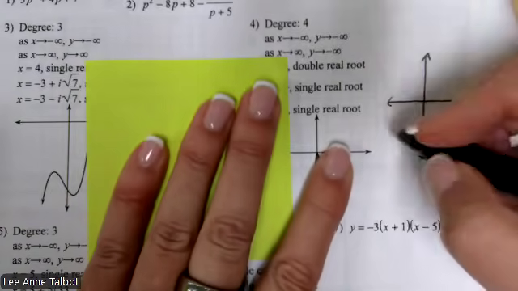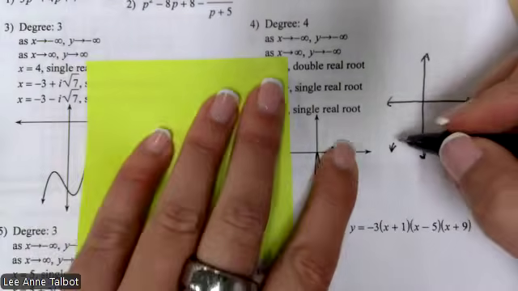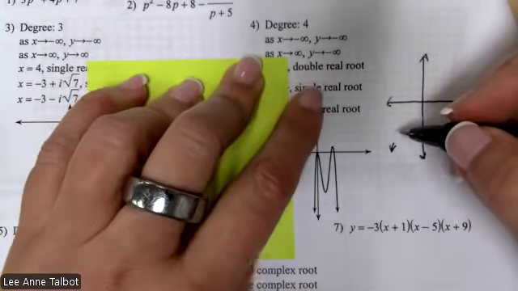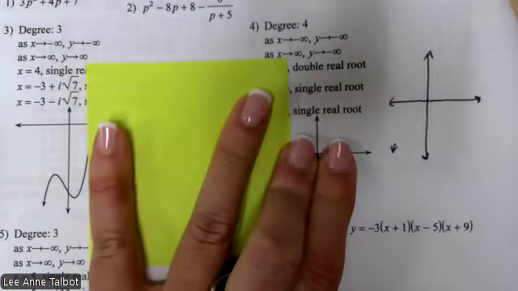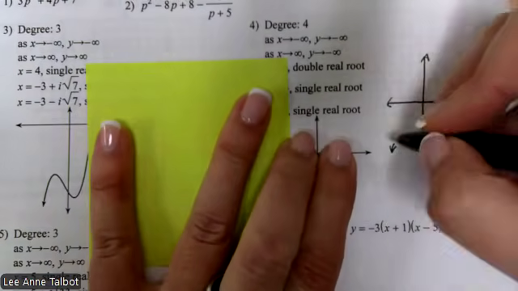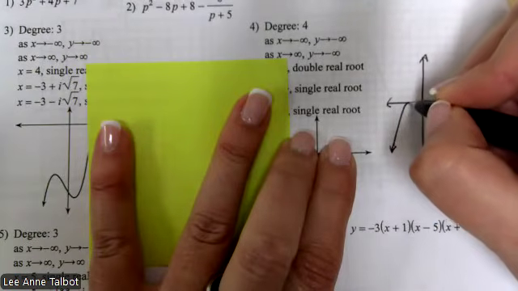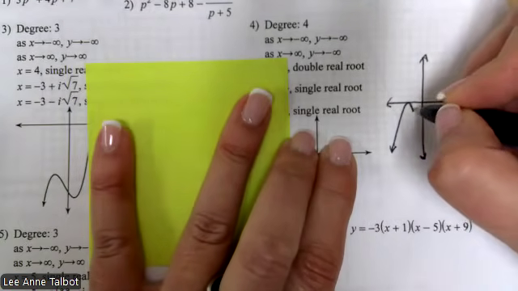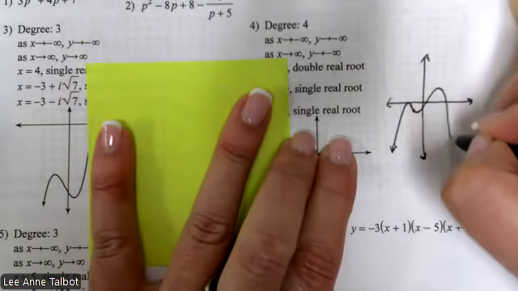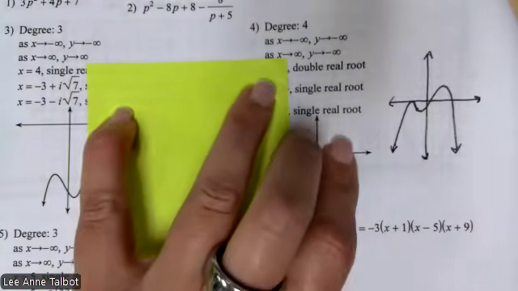Degree 4 starts down, ends down. Don't look at the picture because there are lots of options. 1 double, so that means it's going to bounce off. And then 2 singles, goes through, ends down.